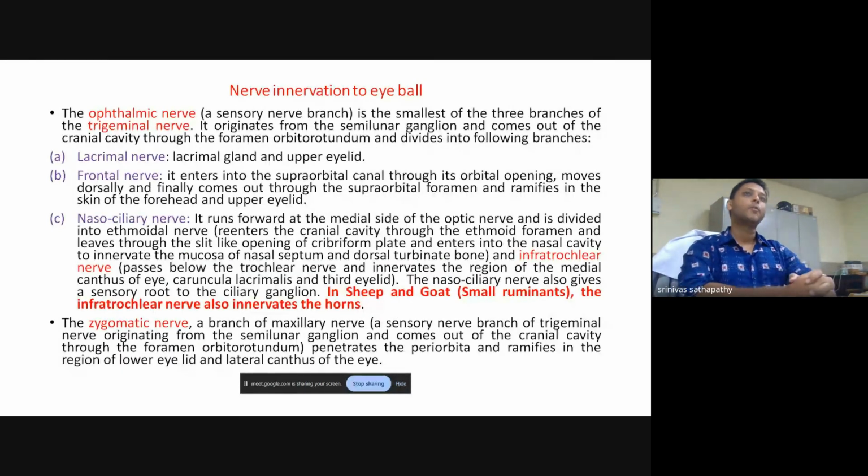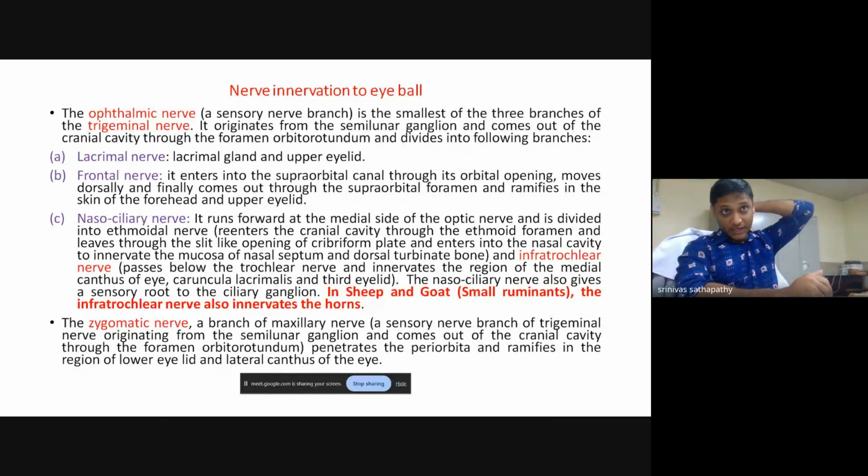Next come to the ophthalmic nerve. Ophthalmic is a sub branch of the trigeminal. The fifth, and largest, cranial nerve is the trigeminal. One of its branches is the ophthalmic. The ophthalmic nerve is divided into 3 more branches: lacrimal, going to the lacrimal gland and upper eyelid; frontal nerve, going to the supraorbital area, above the upper border of the eyeball; then nasociliary nerve.